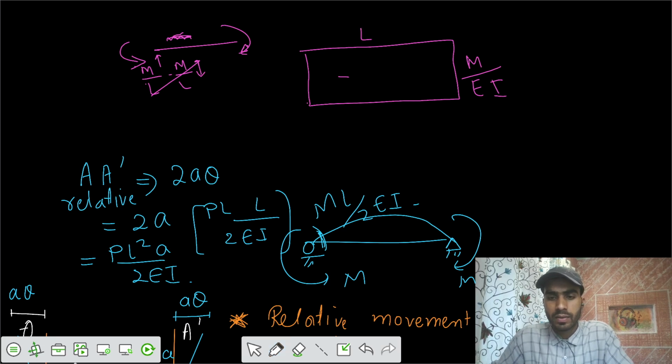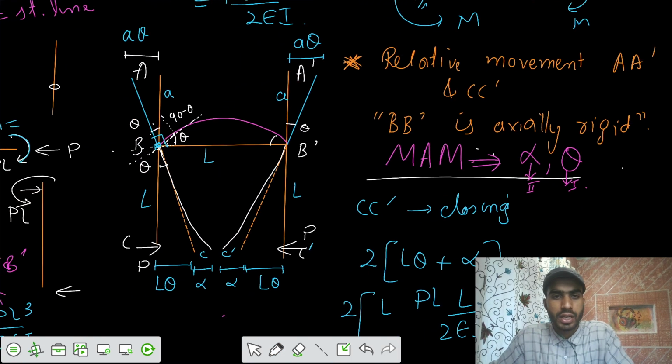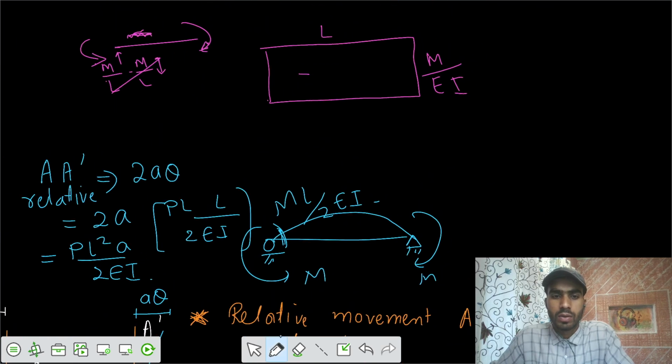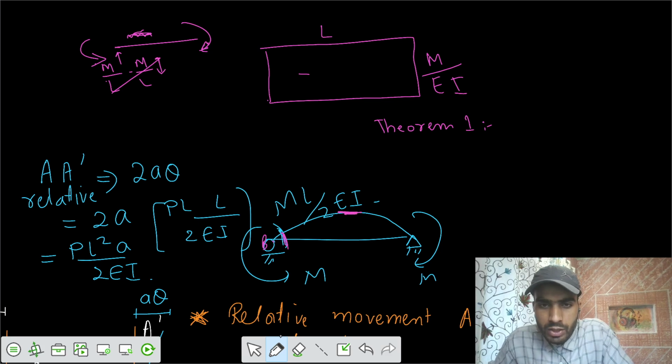So we need to get the value of that theta. So we can say theta at any point B is equal to, from theorem 1, if I use theorem 1, I know that at the midspan the loading is symmetric, so theta is 0 at the midspan.